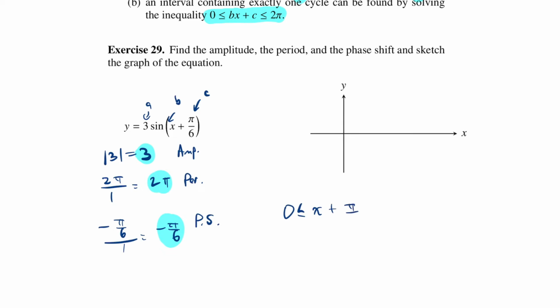And then you solve for x. To solve for x, you would subtract pi over 6. You will end up with -pi over 6 less than or equal to x less than or equal to, well, 2 pi is the same thing as 12 over 6 pi. If you subtract, you're going to get 11/6 pi.